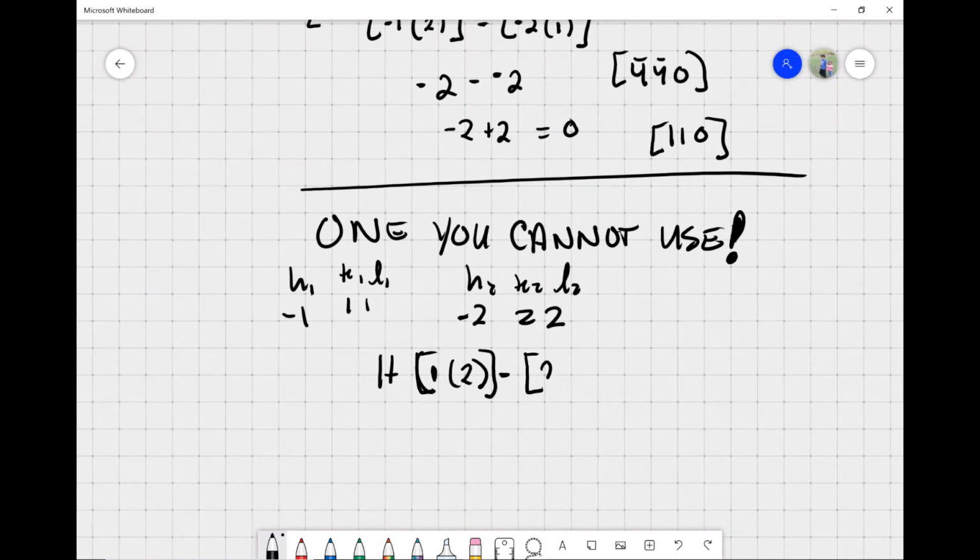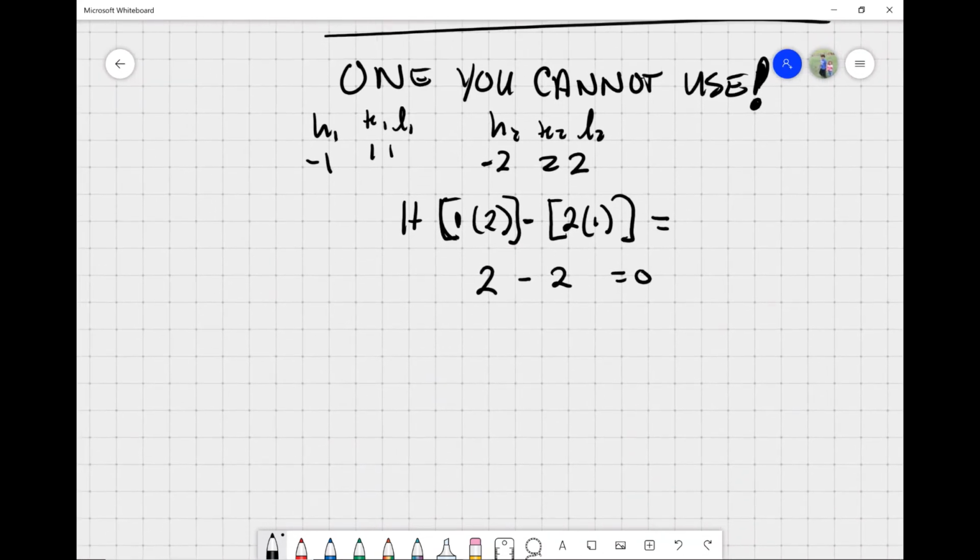So K2 is 2, L1 is 1. And so this is 2 minus 2 equals 0.